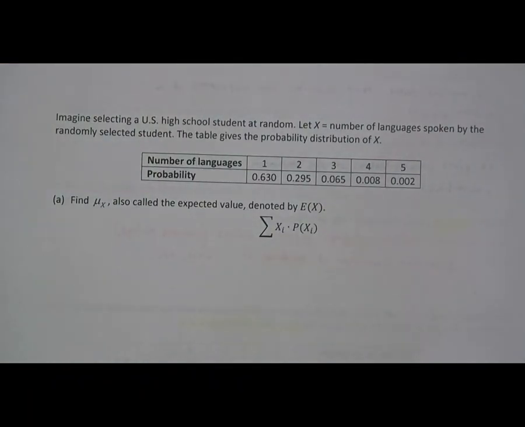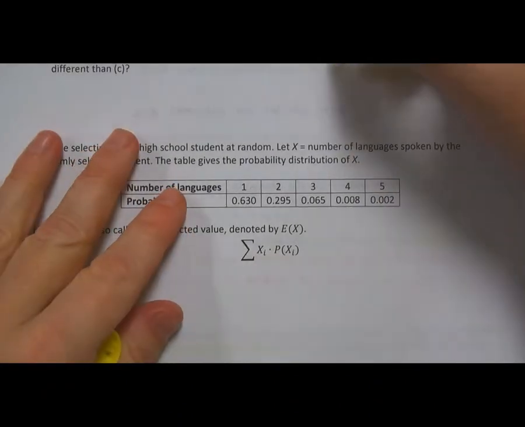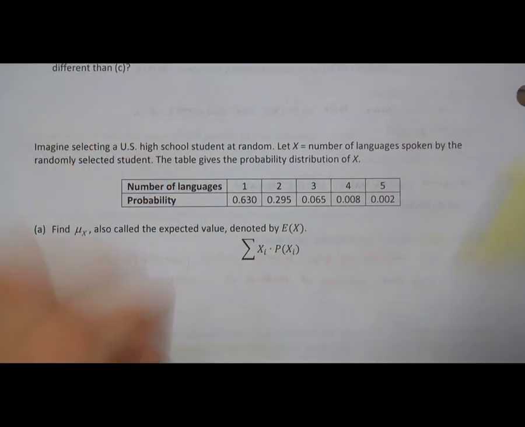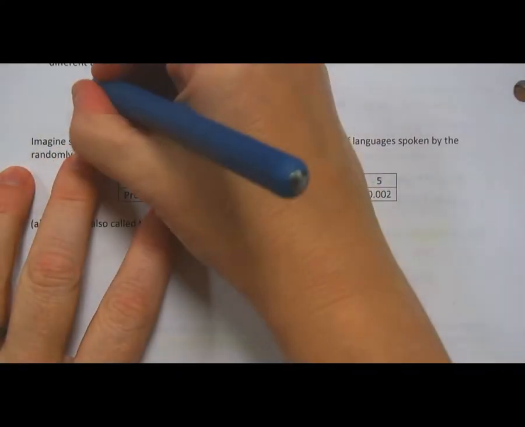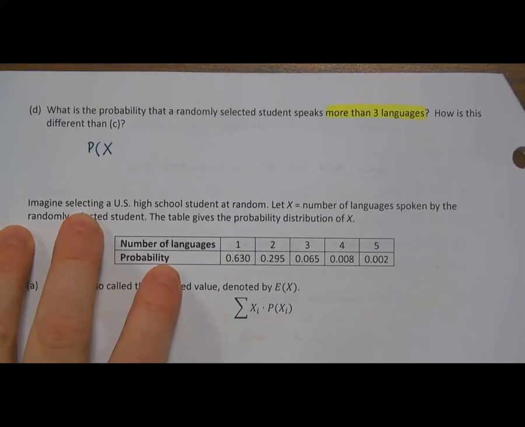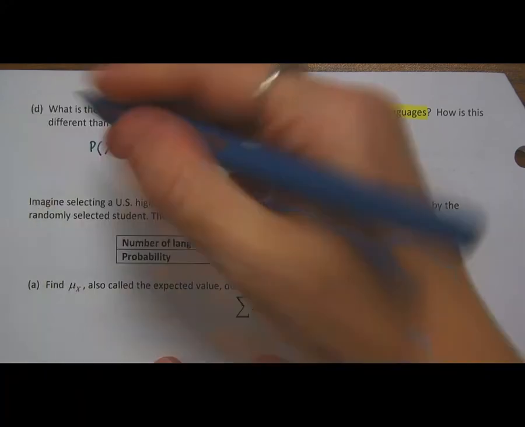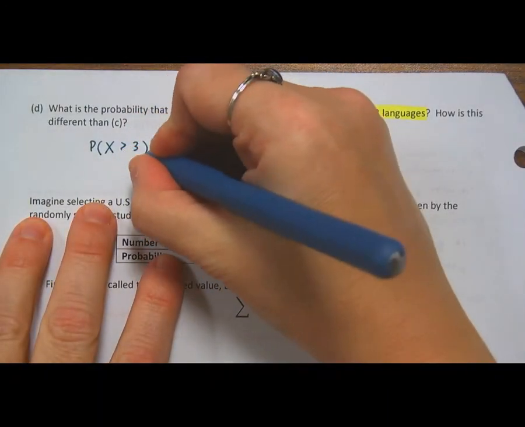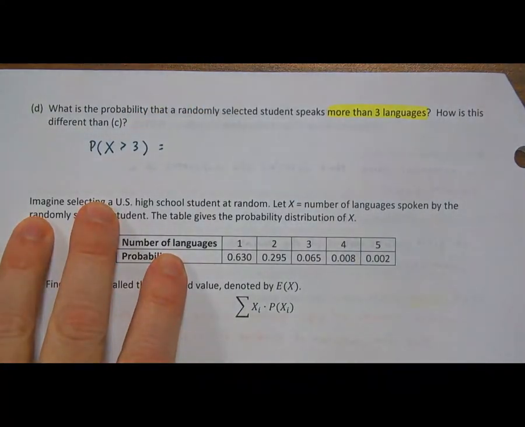Let's see how that's different than the next question, the way this is worded. What's the probability that a randomly selected student speaks more than 3? The last one said at least 3. This says more than 3. So now I want to know the probability that X is, what's the difference? Just greater than 3. Very good. So that just means leave out the 0.065.